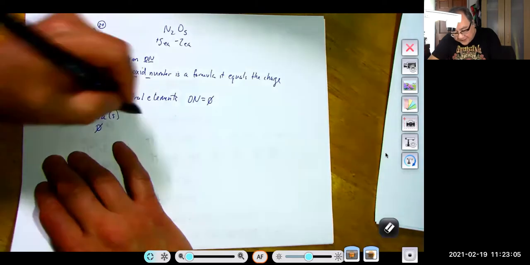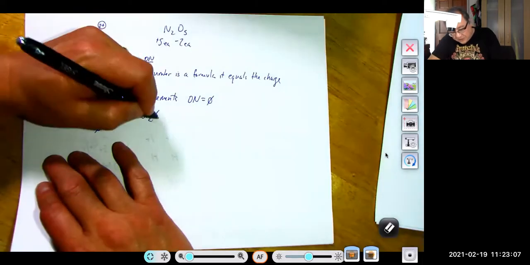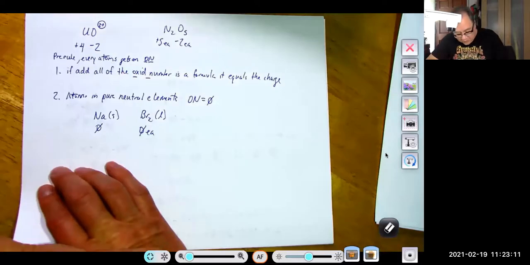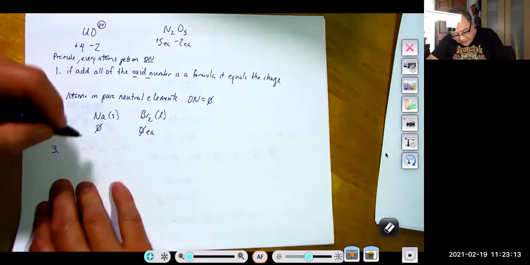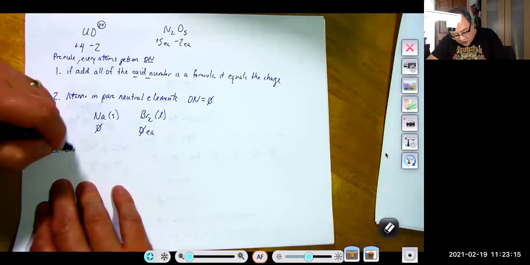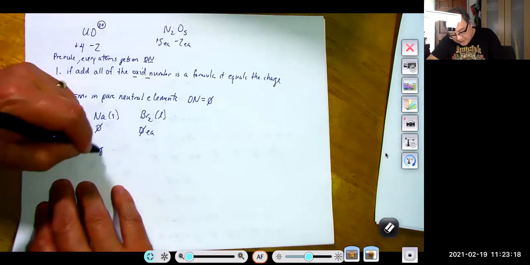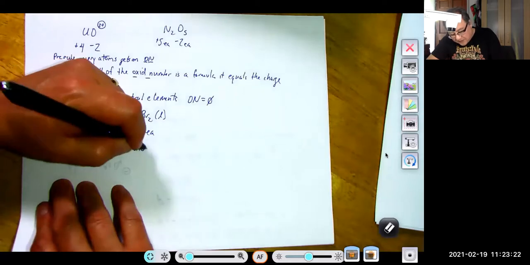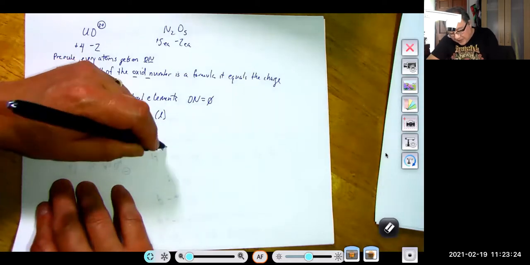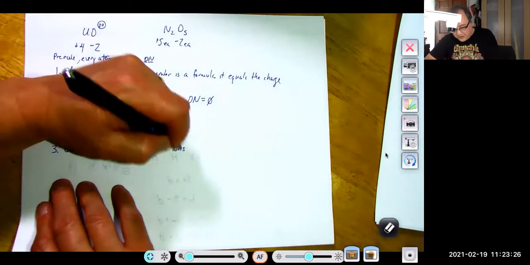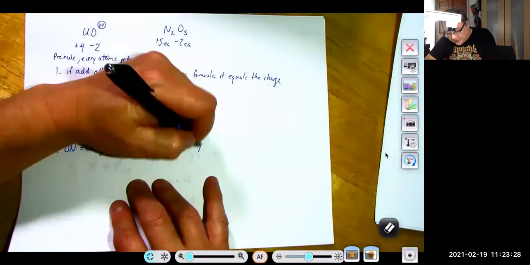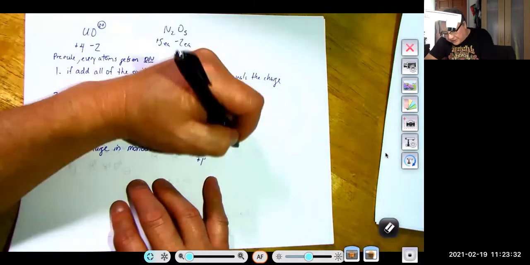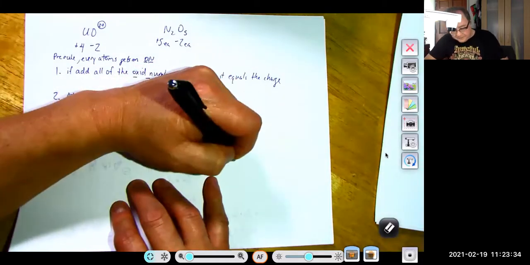If you had this, that would be a 0 for each one. 3, the oxidation number equals the charge in monoatomic ions. So if you have an Na+, the oxidation number is +1. If you have an O2 minus, the oxidation number is -2.